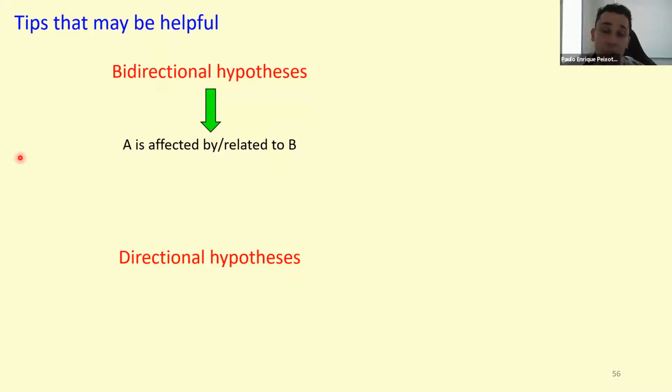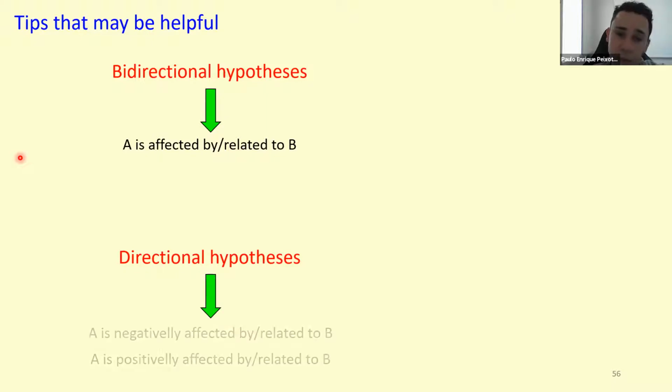This would be a prediction from this, but this would also accept that as the mass of B increases, the number of individuals of A should also increase. So when I say this type of relationship, they are just related, but I do not provide the direction. I actually have to make predictions in two directions, both increasing and decreasing, okay? So this is a bidirectional hypothesis and you may use it, there's no problem.